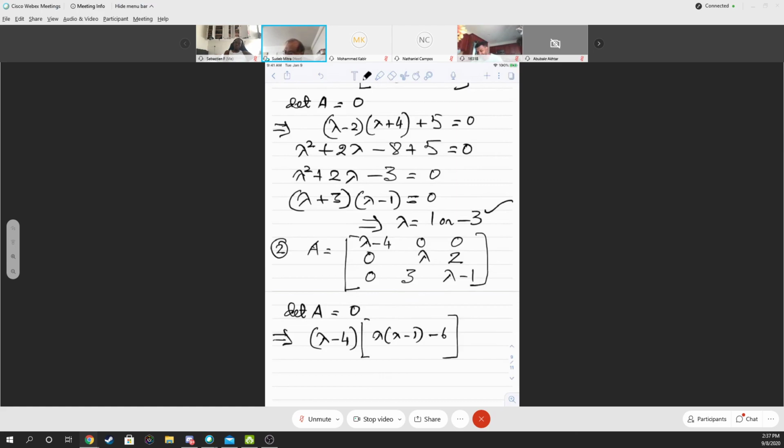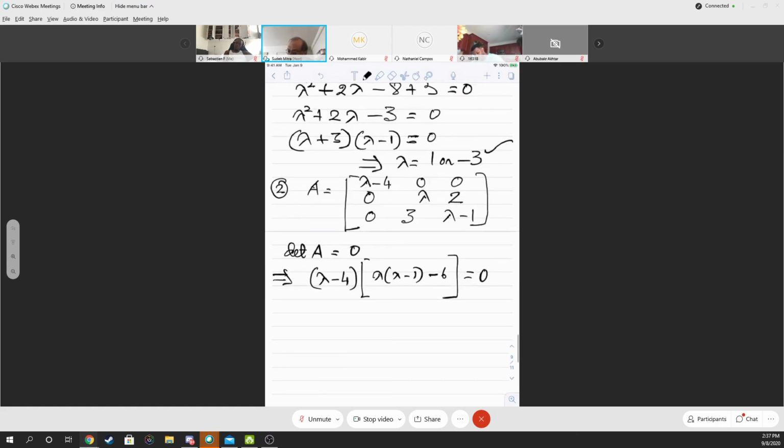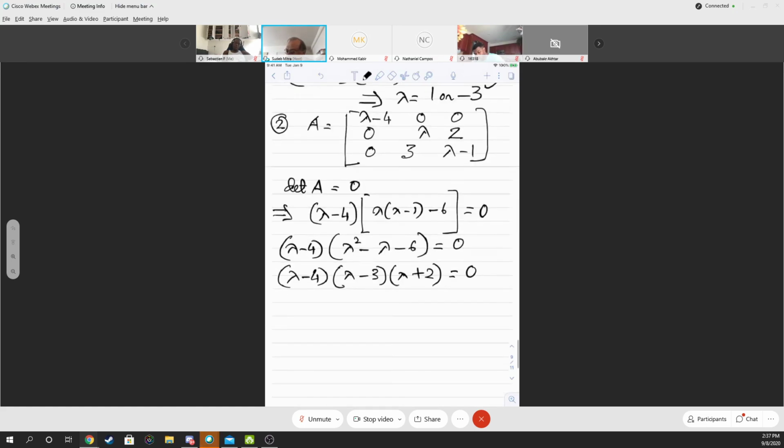So lambda minus 4 times lambda squared minus lambda minus 6 is 0. So lambda minus 4 times lambda minus 3, lambda plus 2 is 0. That implies lambda equal to minus 2, 3, or 4.